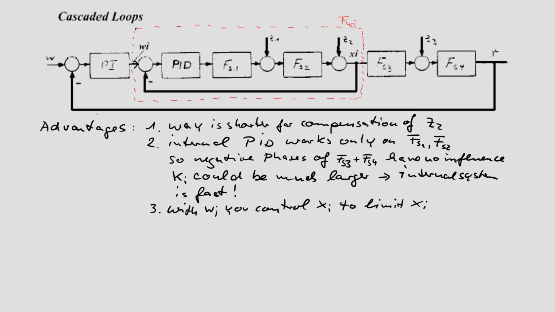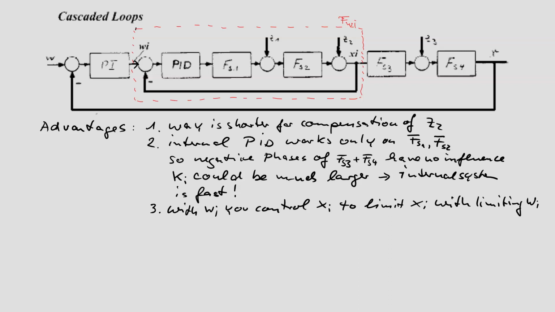So with this value you have very good control over that value, and this is very often a help to avoid damage caused by too high currents. Yeah, with limiting wi. Yeah, that is a very big advantage in high power systems.